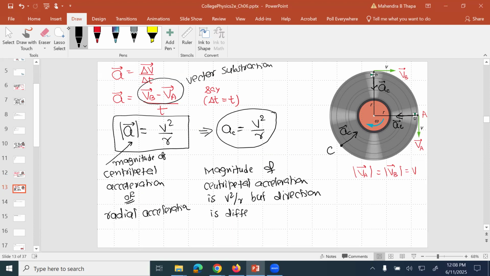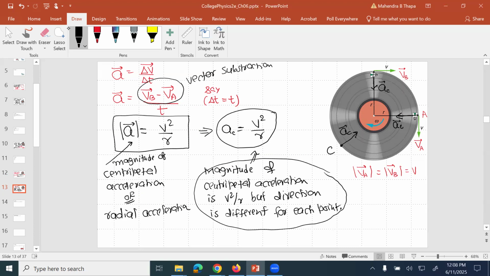You can look at the picture for each point. Okay, for each of these points, for points A, B, and C.